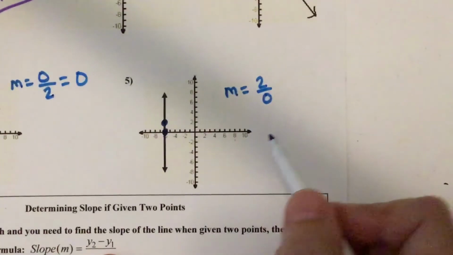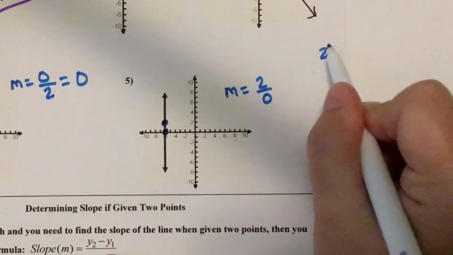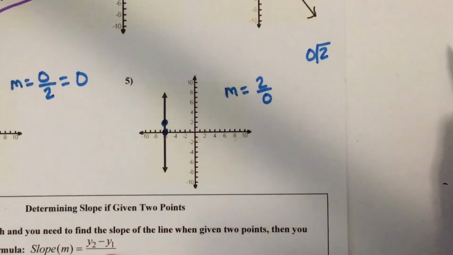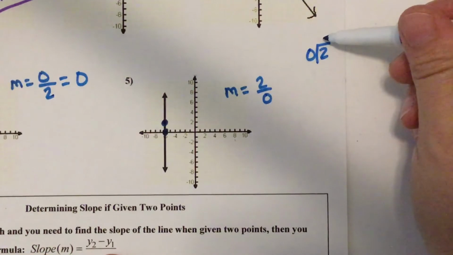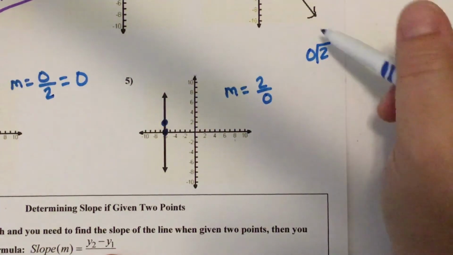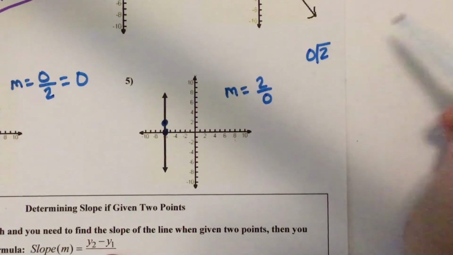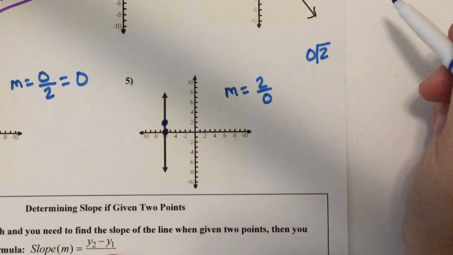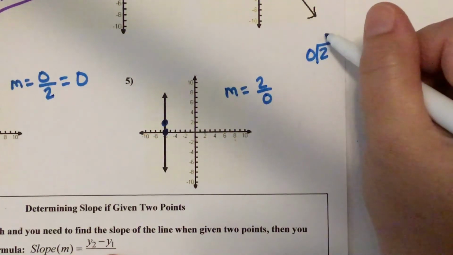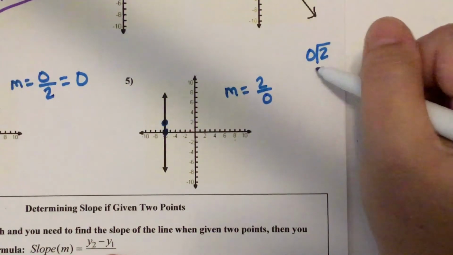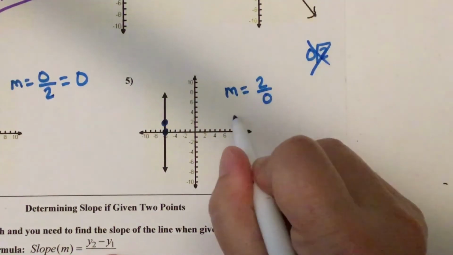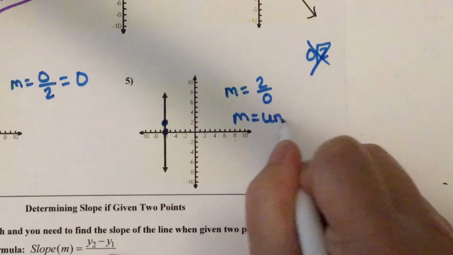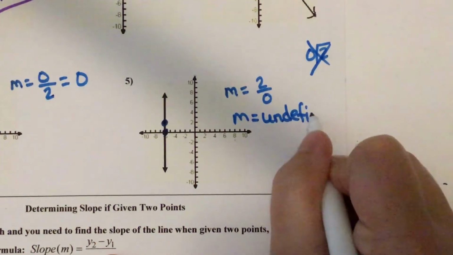Well, mathematically, let's see about this. 2 divided by 0. 0 times what number makes 2? Does 0 times 2 make 2? No. Does 0 times 0 make 2? No. 0 times anything makes a 0, not a 2. Mathematically, I can't do this. So this is called undefined.